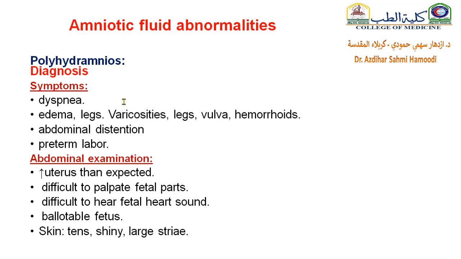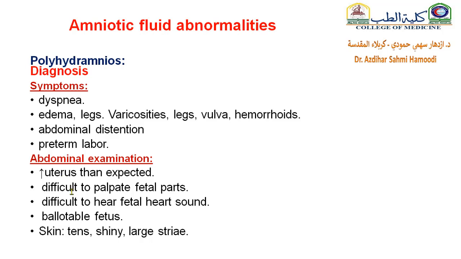How can you make your diagnosis? By symptoms: dyspnea, edema of the legs, varicosities of the legs, vulval hemorrhoids, abdominal distension, large abdomen, and signs and symptoms of preterm labor.